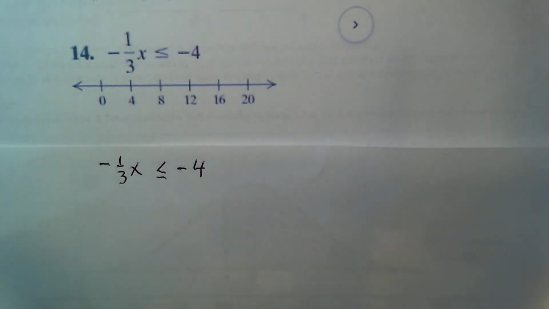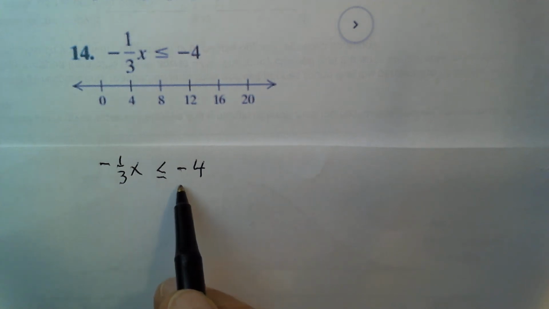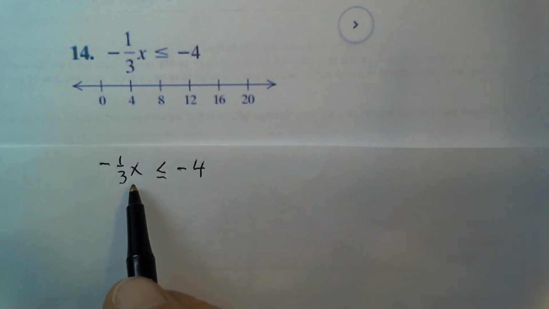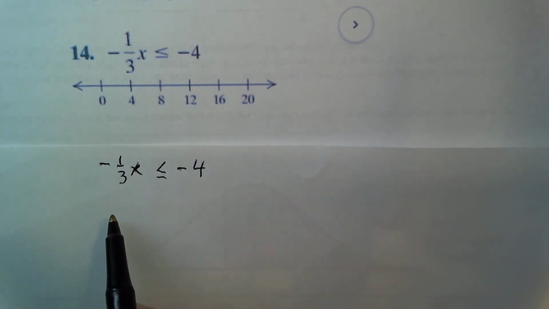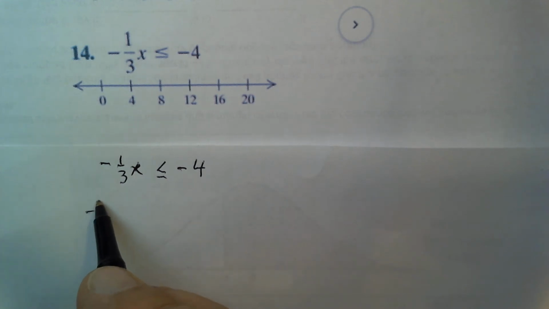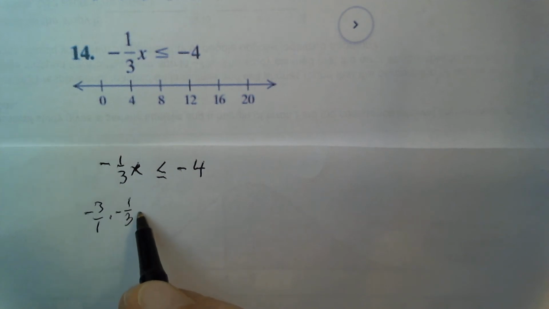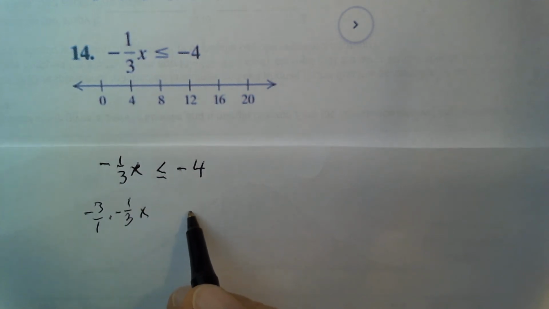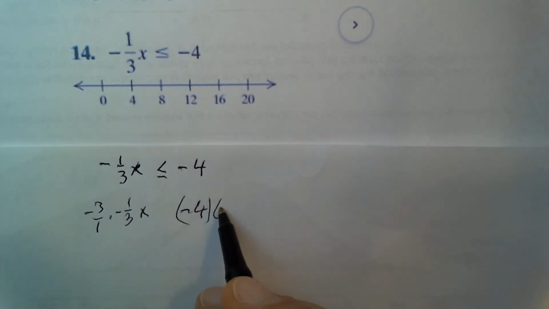Let's do number 14. Here we have minus 1/3 x less than or equal to negative 4. To isolate x, we need to multiply minus 1/3 by minus 3. So we have minus 3 divided by 1 times minus 1/3 times x. And then we need to multiply minus 4 by minus 3 also.